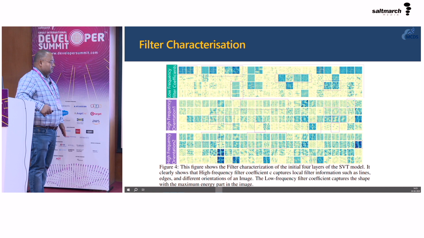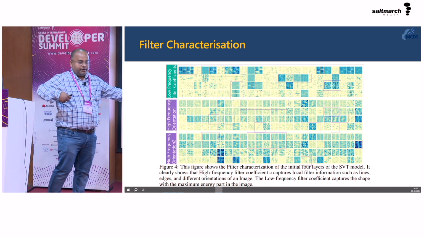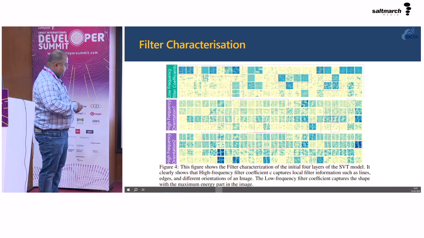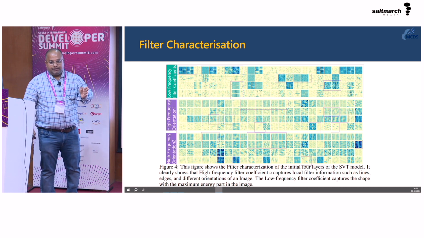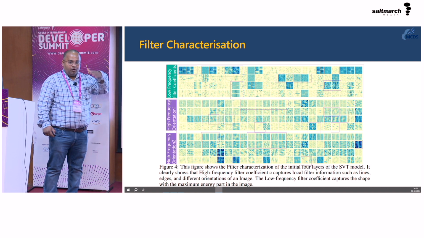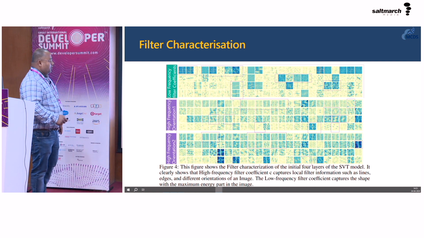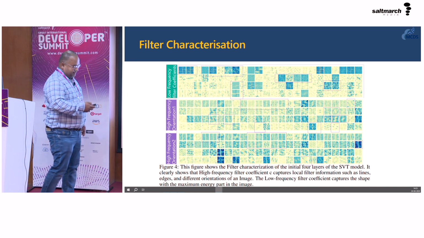You can see 135-degree orientations are there. There are 6 orientations, so here you can see 15, 45, 75, 135, all 6 types of orientation captured using this filter characterization.